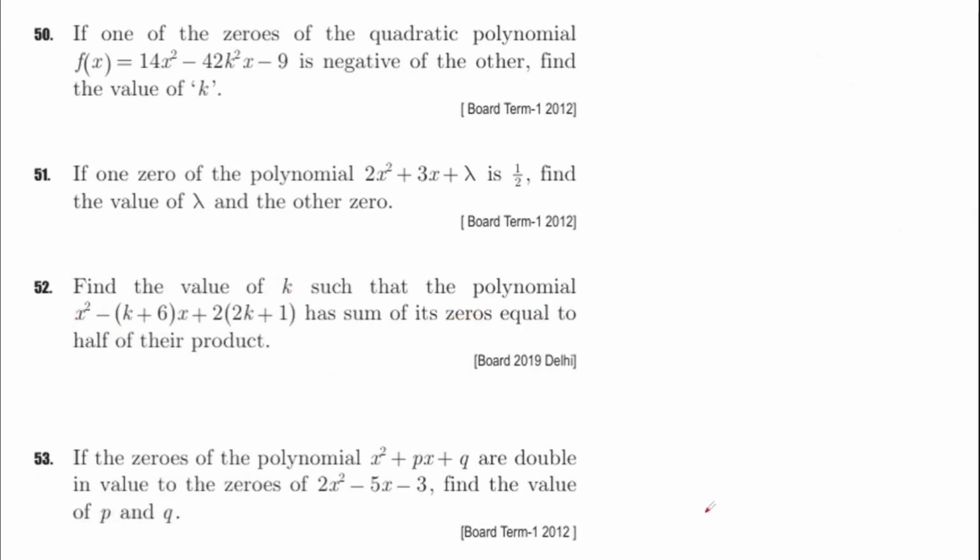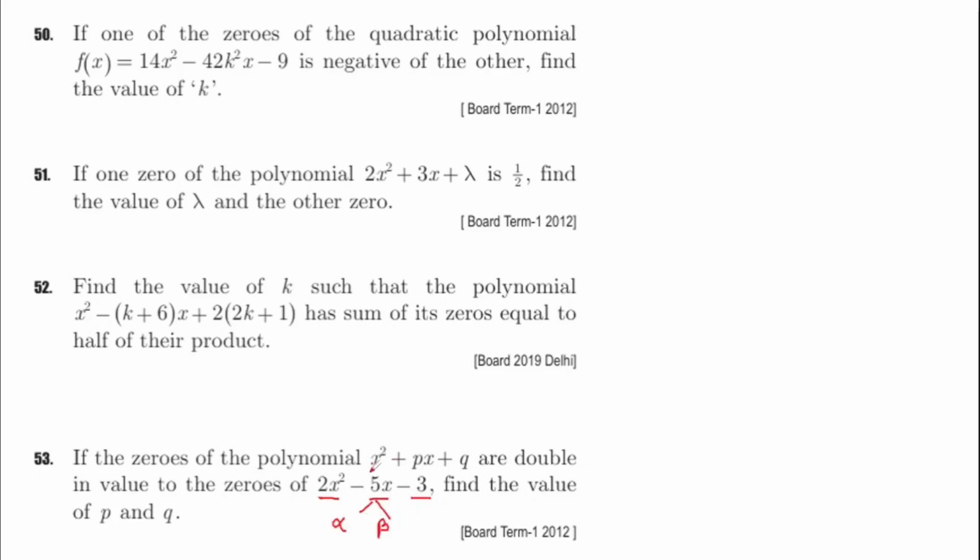Now let's move to question number 53. If the zeros of the polynomial this are double in value to the zeros of this, find the values of p and q. Okay. Now let's try to understand what is given to us. There is a polynomial 2x square minus 5x minus 3. Now it has two zeros. Let us assume one is alpha and another is beta.